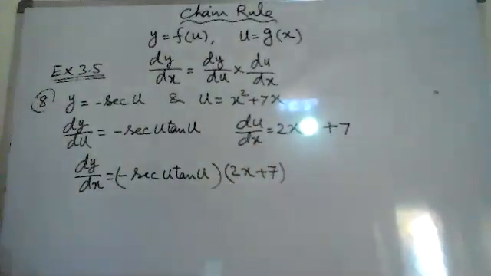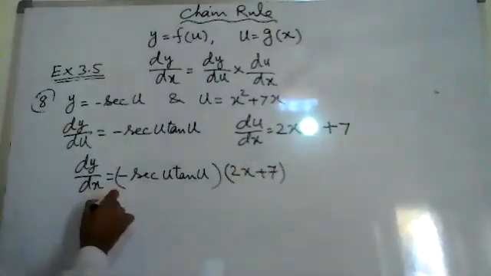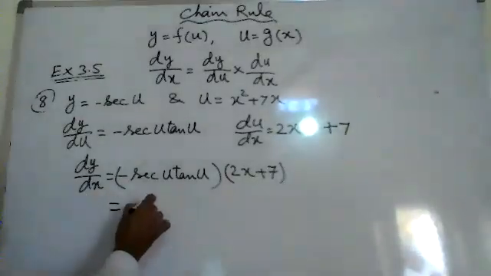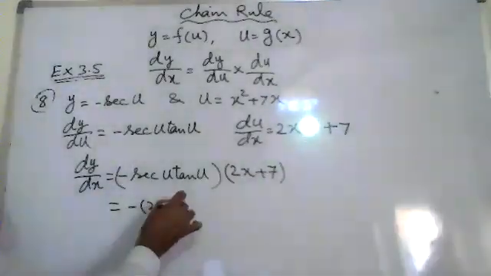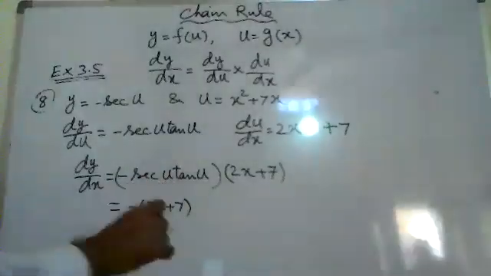Now that will be written with the algebraic function first: minus 2x plus 7 into sec u tan u.